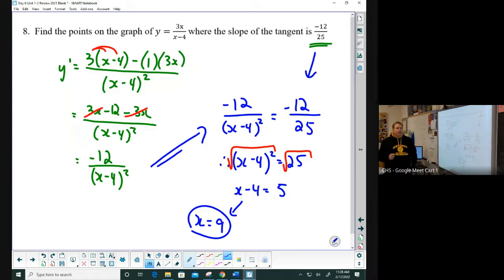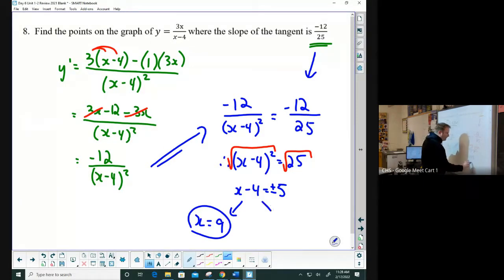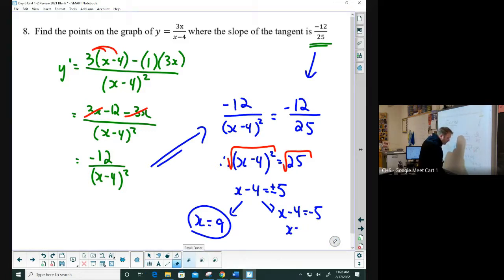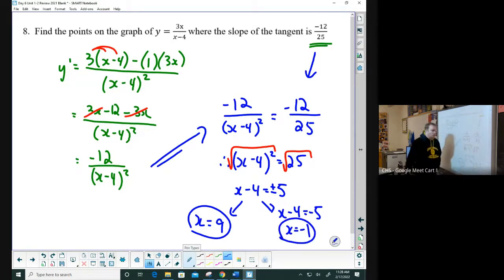But there's another number that's going to get me a 5 in here that's going to square, because the square root of 25 isn't just 5, it's plus or minus 5. So there's another number that's going to work, and that is x minus 4 equals negative 5. So x equals negative 1 is also going to work.